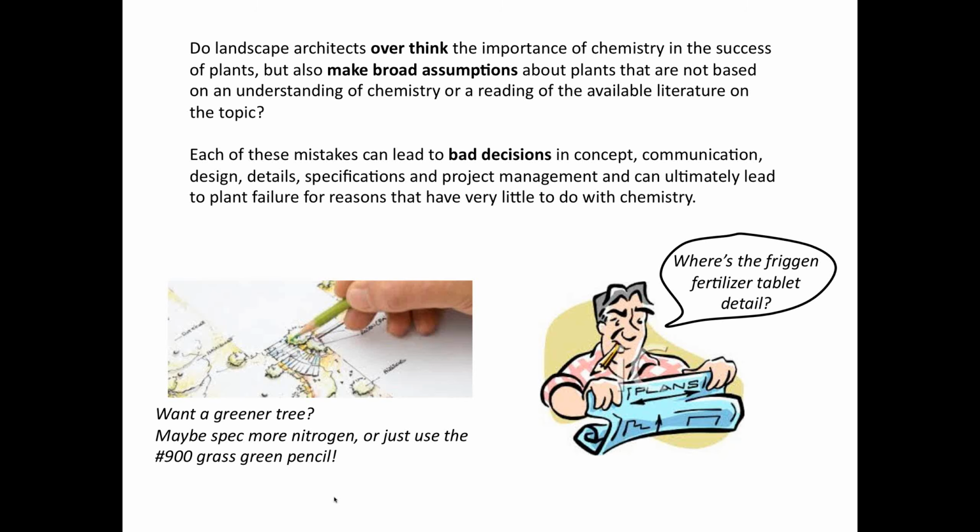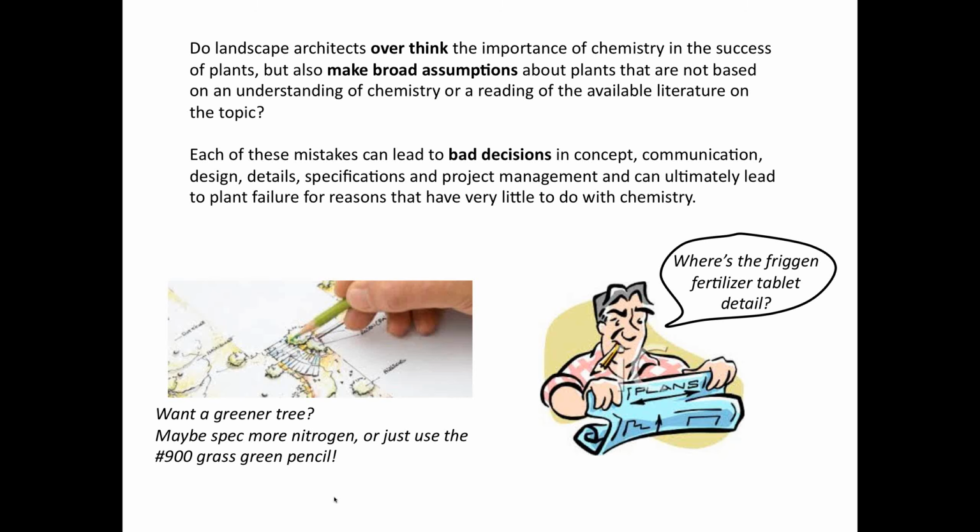So one of my observations, if you will, and for all the landscape architects will have to forgive me again, but the question is, do landscape architects overthink the importance of chemistry in the success of plants? But at the same time, do we make broad assumptions about plants that are not based on understanding of chemistry or reading of the available literature on the topic?